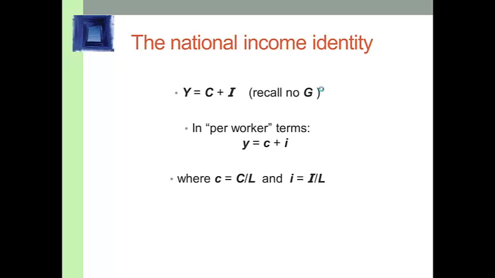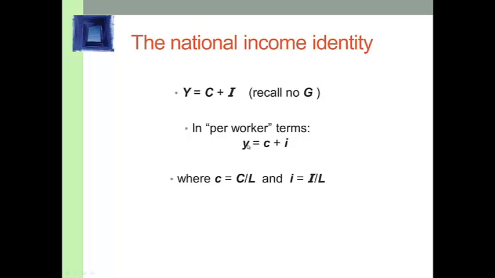So let's move on to another key component of our Solow framework. In this national income identity equation, income equals consumption and investment. And again, we express national income identity in per worker terms.